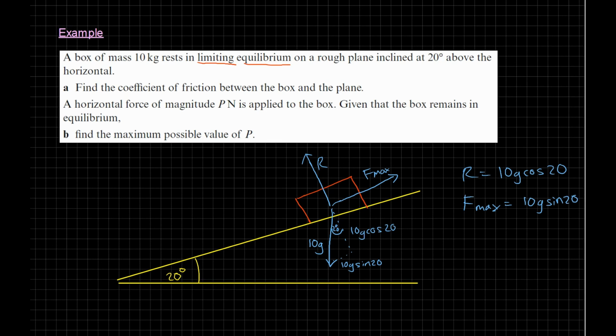Okay. And F max, as we know, that's the same thing as mu times R. So let's actually just replace F max there with mu times R. Okay. So then from that, I'm going to substitute this R, 10G cos 20, into here. I'm going to get mu times 10G cos 20. Actually, let me just give myself a bit more space.